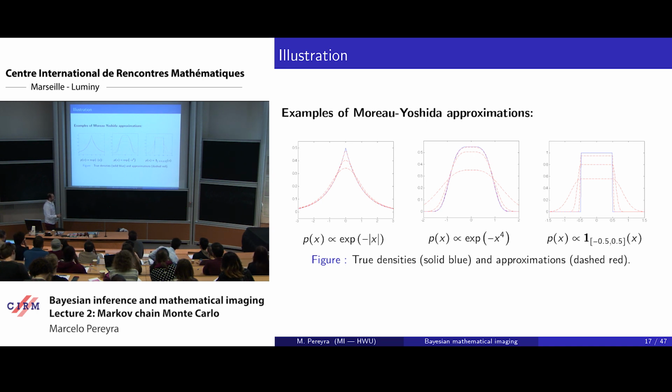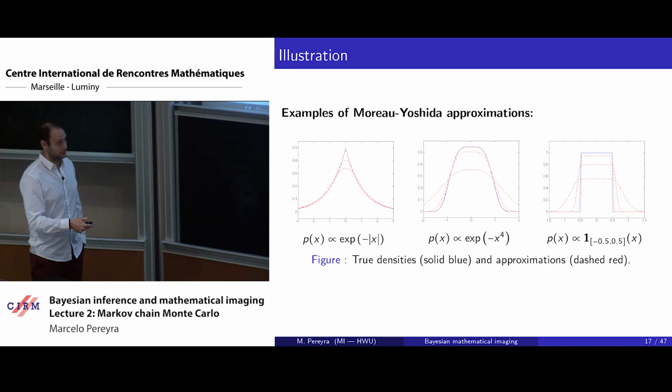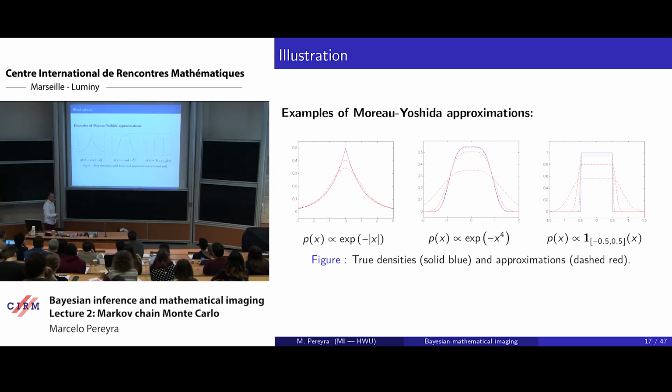And this is an interesting case, the uniform distribution. If you think of the minus log g and look at the gradient, here it is 0, here it is plus infinity, and it is not defined at the 2 discontinuities.